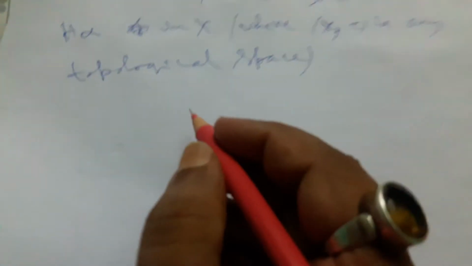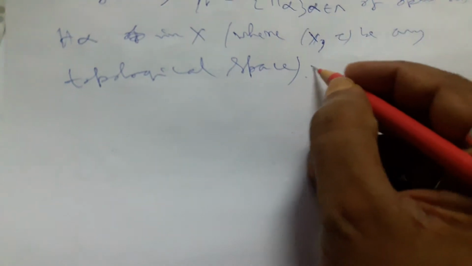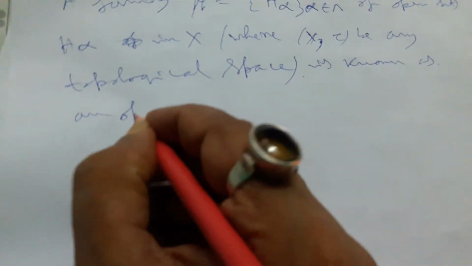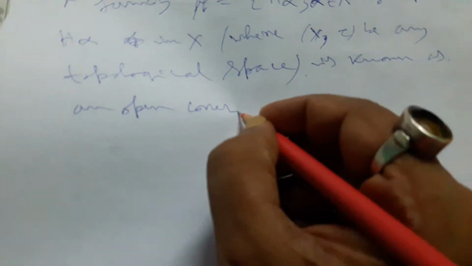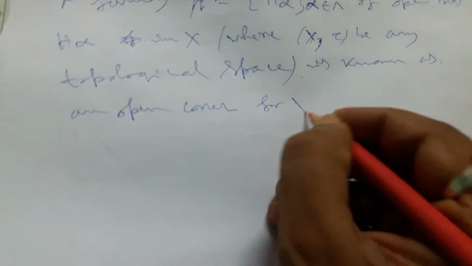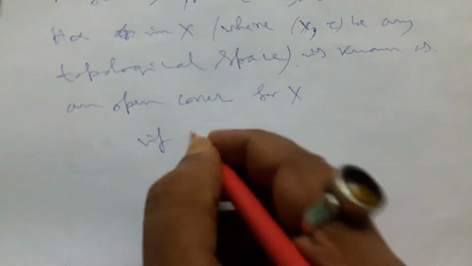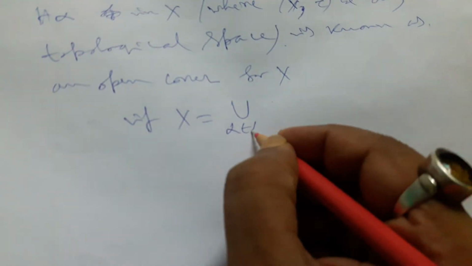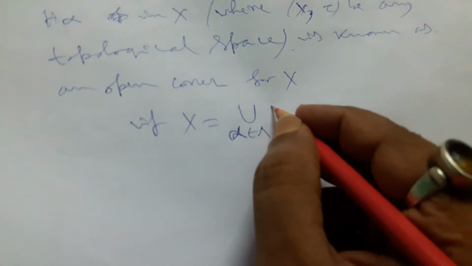We find that topology is defined there, and this type of open set family is known as an open cover for X if X is covered by their union, the union over alpha belonging to the index set of H alpha.